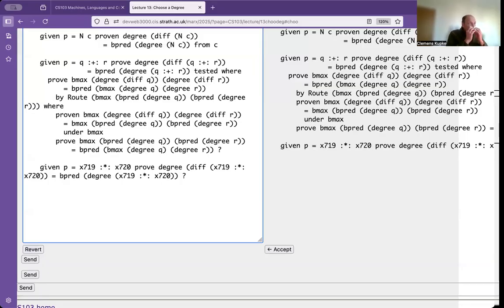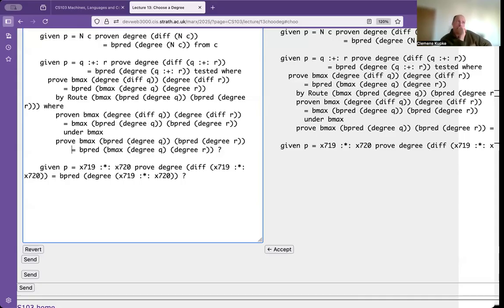Okay, so first of all, you can see that in this goal, the only way in which Q is involved is degree Q. And the only way in which R is involved is degree R. We are not relating degree Q to anything else about Q. We are not relating degree R to anything else about R, right?